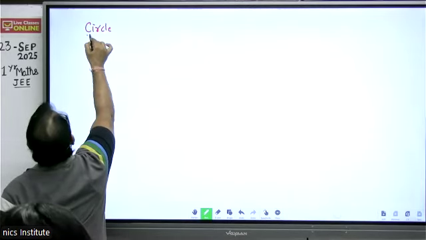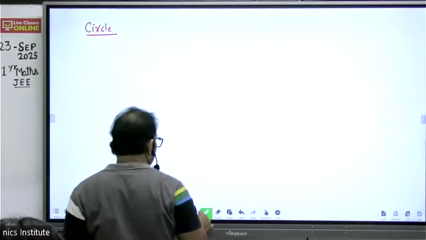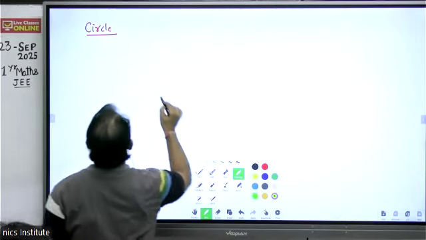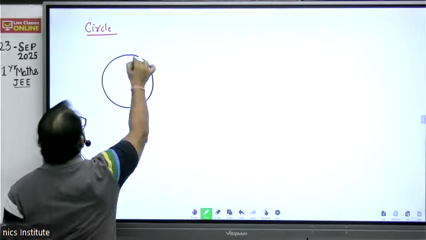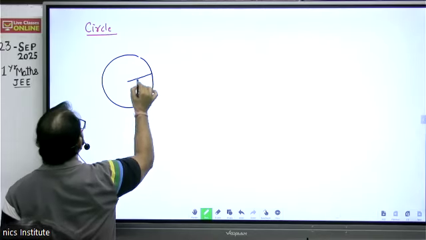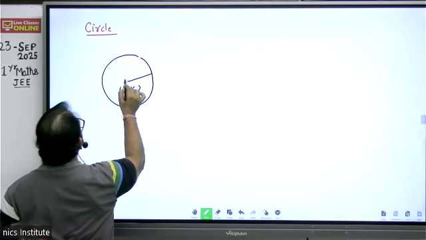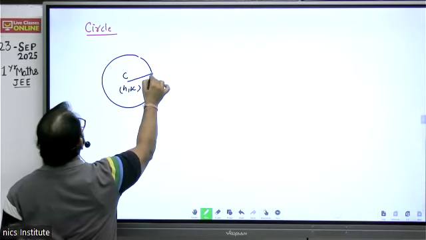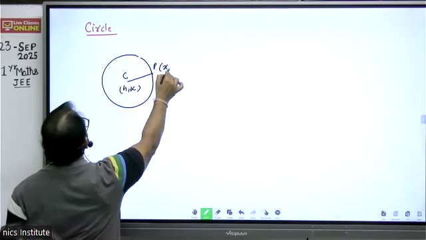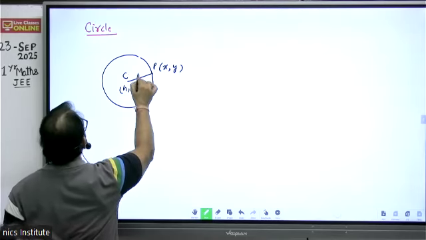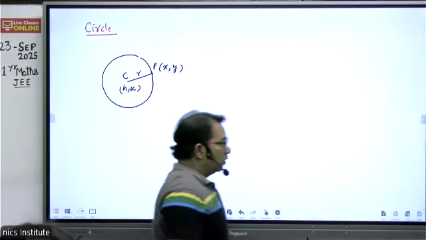सर्कल. Circle is locus of points whose distance from a fixed point called center is always fixed from a variable point x comma y. What is circle?